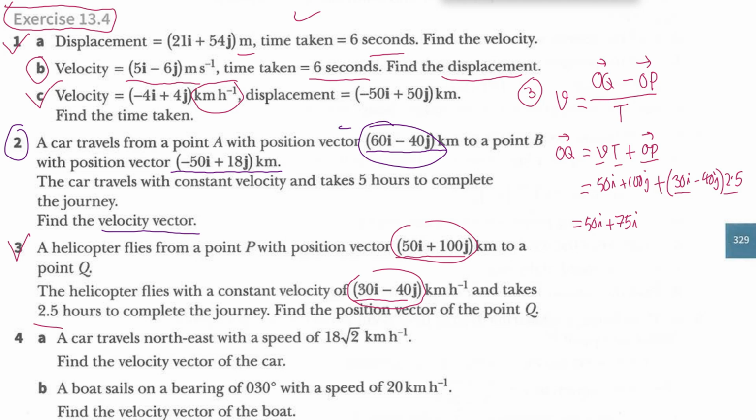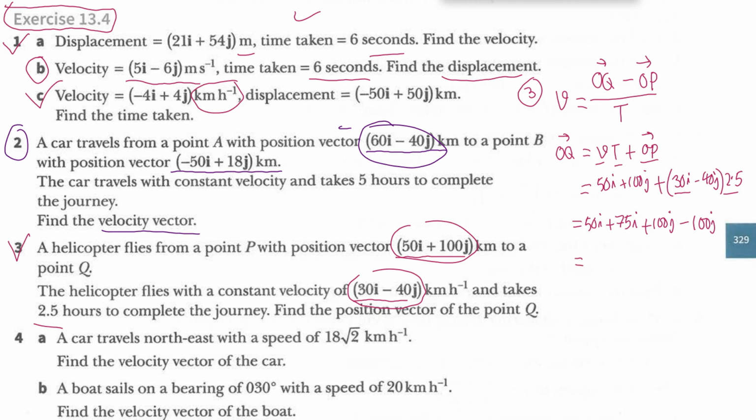And for the j part, 100j, and minus 40 times 2.5, which gives minus 100j.